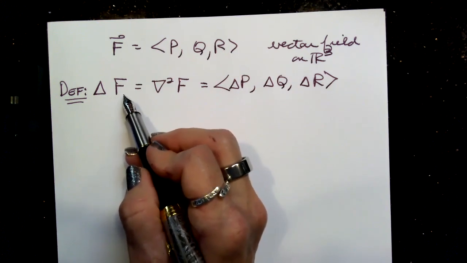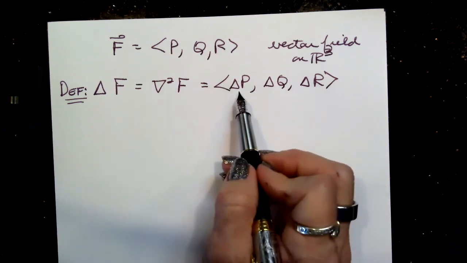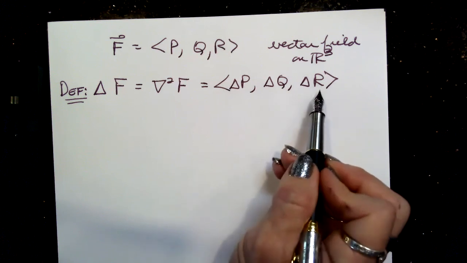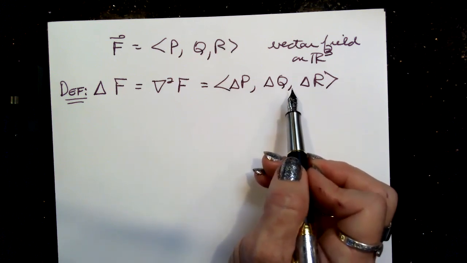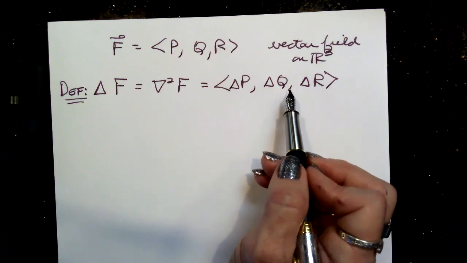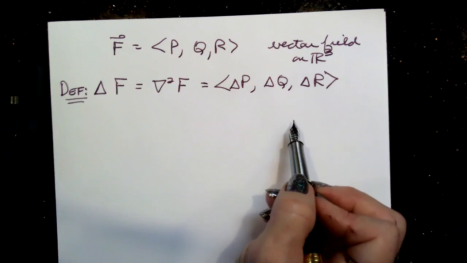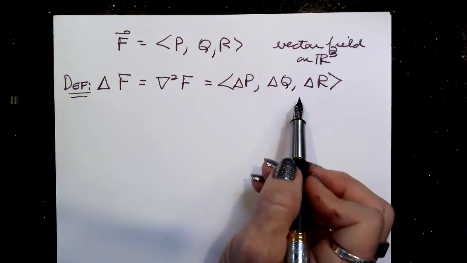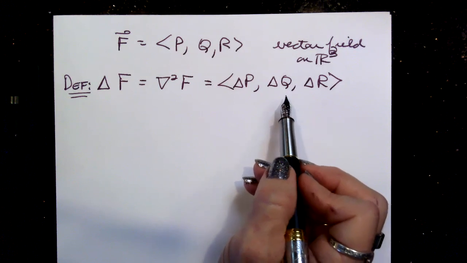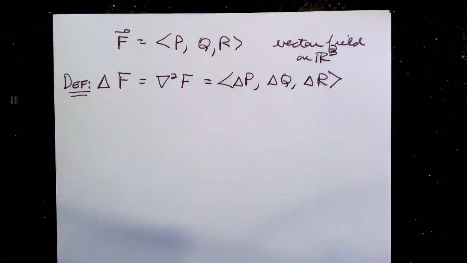So if I'm going to take the Laplacian of F, what that means is take the vector whose components are the Laplacian of each of the component functions of F. And basically, we will see all of this again when we talk about Green's theorem, which is in the next few lectures coming up in the course.